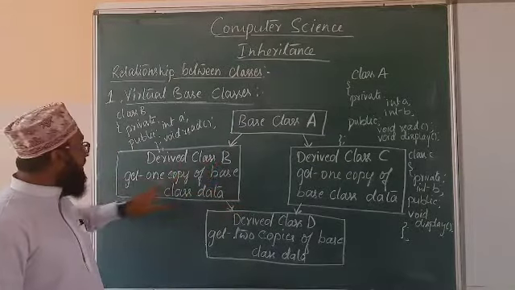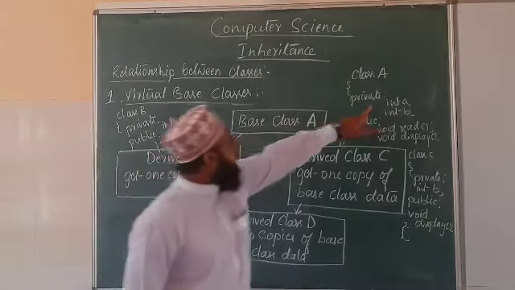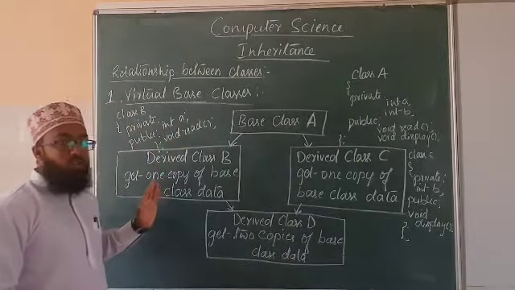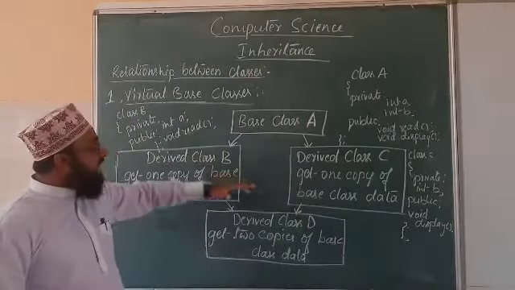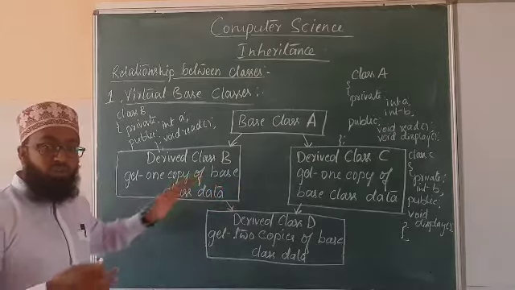Then the other derived class will take 1 copy of base class data, that is int A, then void read.